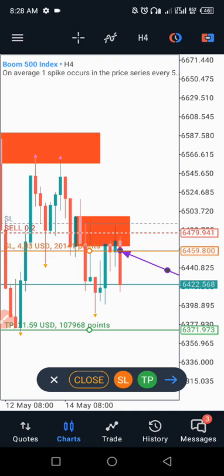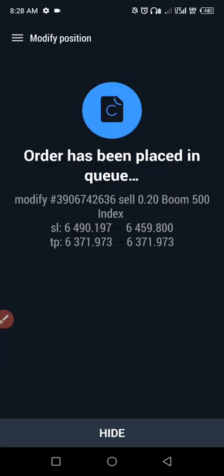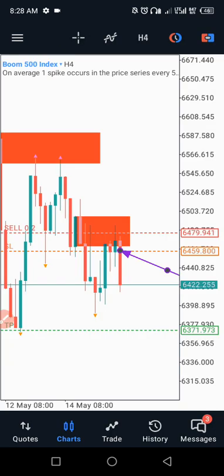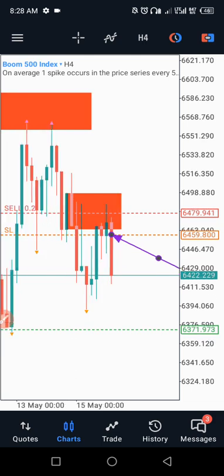I think that is fair enough because I don't expect price to come back, except maybe price just wants to come and test this particular order block, because there's an order block level there. So I'm just going to set my stop loss there and modify. I've done that, so it will reflect now. You can see that this is where my stop loss is.